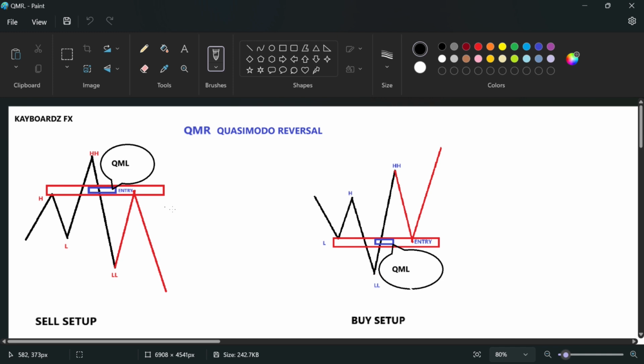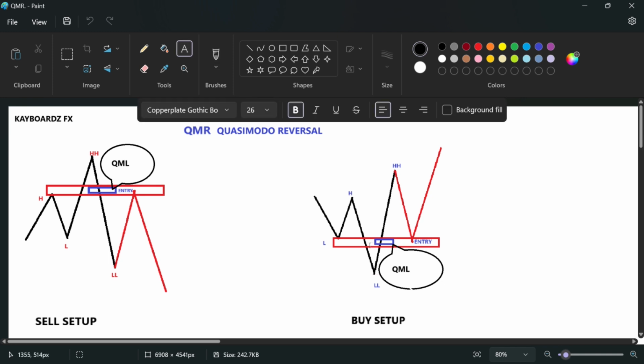And also for the buy setup, right here, you have the low, high, lower low, higher high, and your entry point. So if there is a demand zone, then that will be your QM level. So basically what I'm trying to say is, if there's a demand or a supply zone at your point of entry, I will be showing you guys an example in this video, so just calm down and understand the concept first.